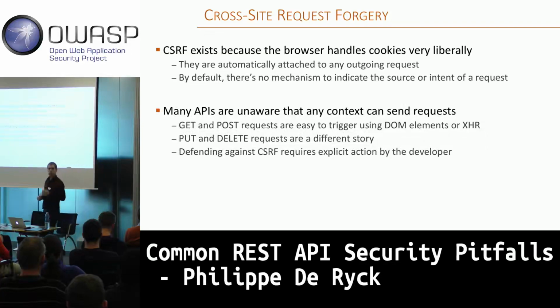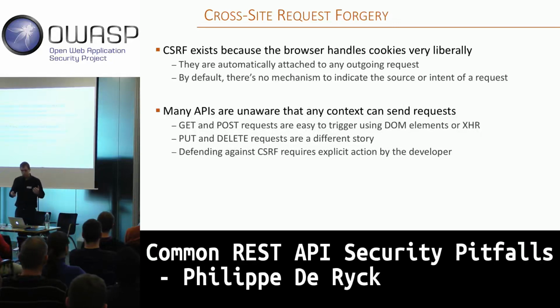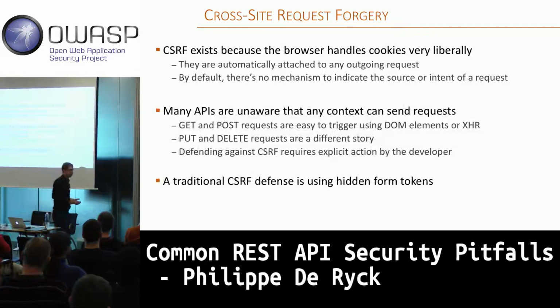But many people still use cookies for authentication in services or endpoints. If you have a single sign-on service, the cookie maintains a session there, and you get, for example, access tokens from there. So this starts mattering if you have any of these things that accept requests from DOM elements. So essentially, to defend against CSRF, the traditional way is using form tokens.